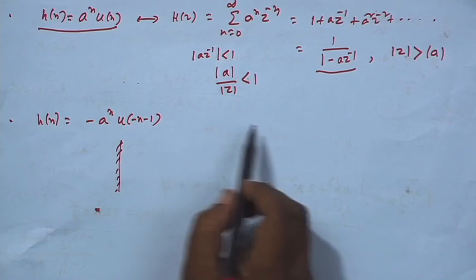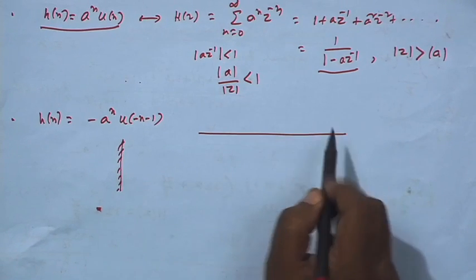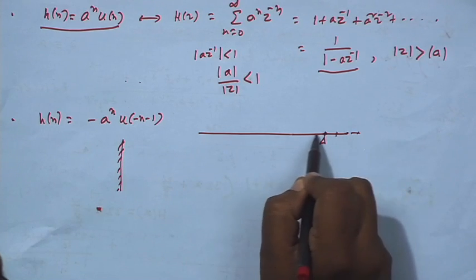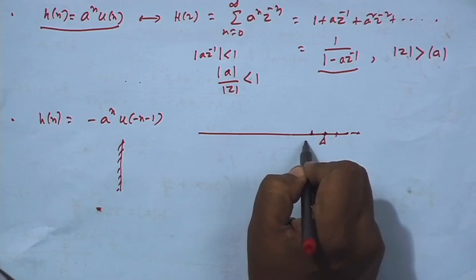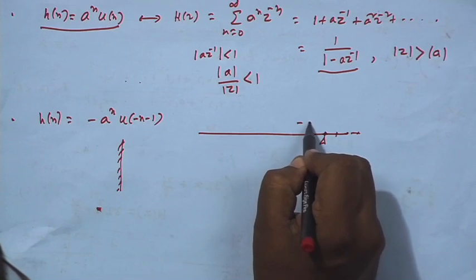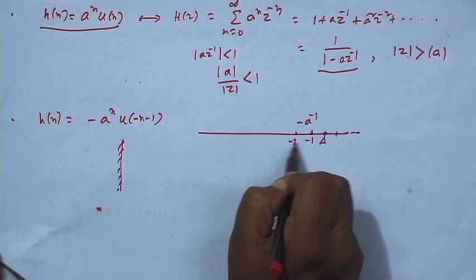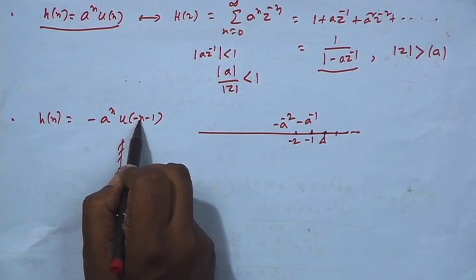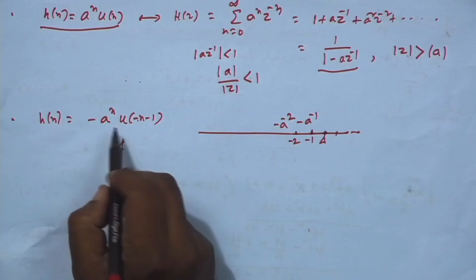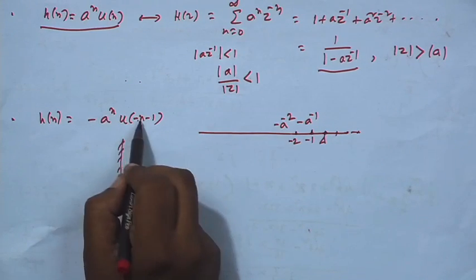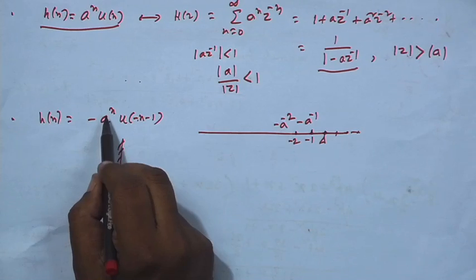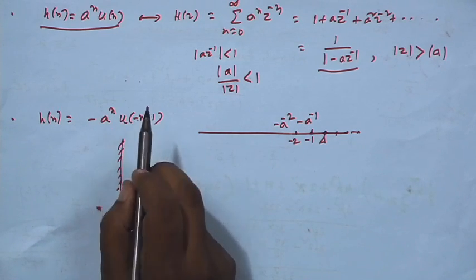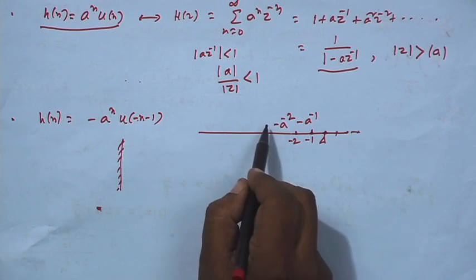So, if you have a time axis and this is your origin, these values will all be zeros. At minus 1, its value will be minus a to the power minus 1. If you put n equal to minus 1 here, u 0 we all know is 1, so h minus 1 is minus a to the power minus 1. Then put n equal to minus 2: minus minus plus, u 1 is again 1, so minus a to the power minus 2, and so on.